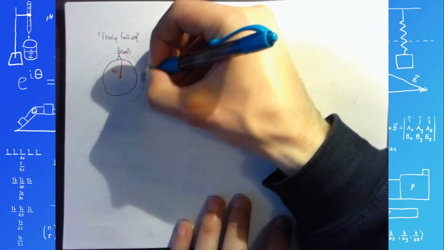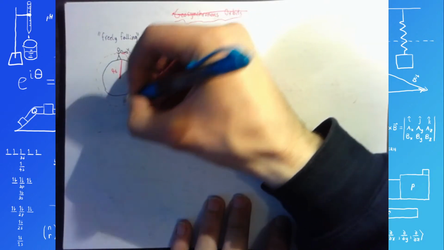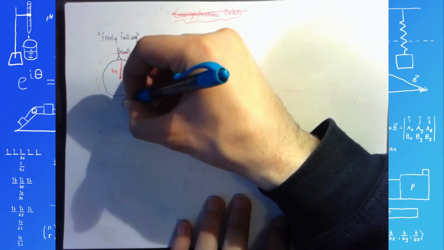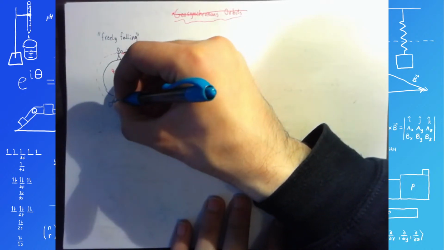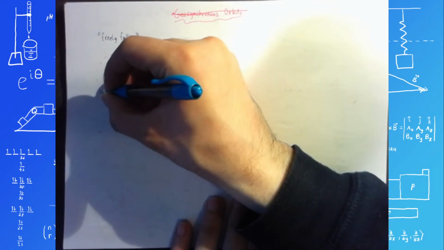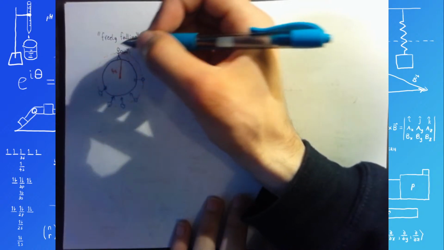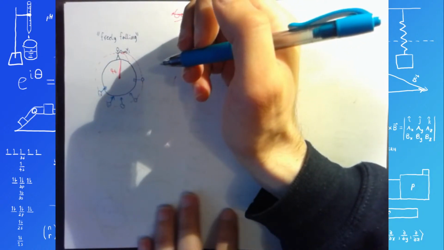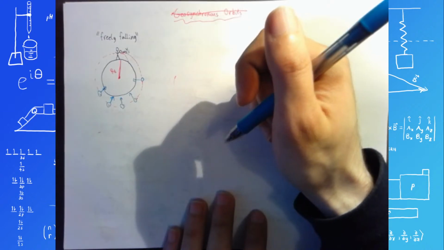When the object is over here, gravity is pulling it this way. When it's here, gravity is pulling it that way, always towards the center of this circular path. It just so happens that the center of the Earth is at the center of this path. So the force of gravity works very nicely as a source of centripetal force, and it's the only force that exists on this object.